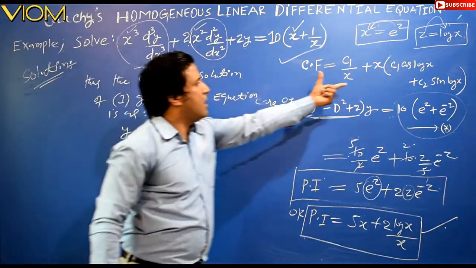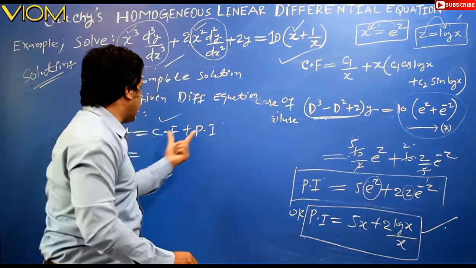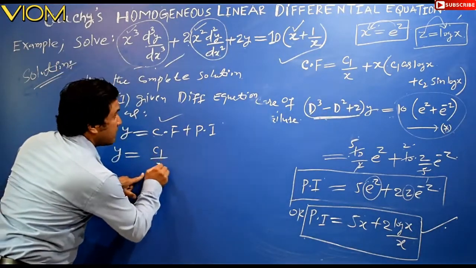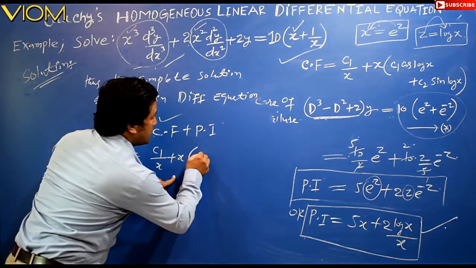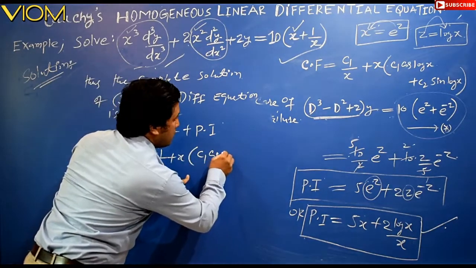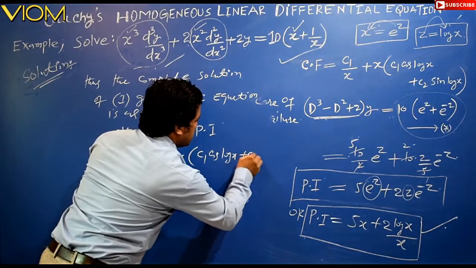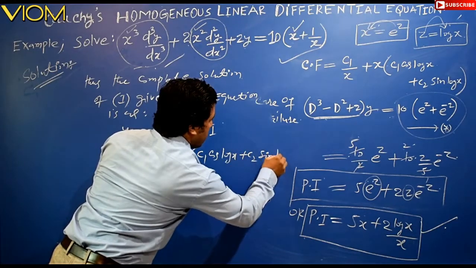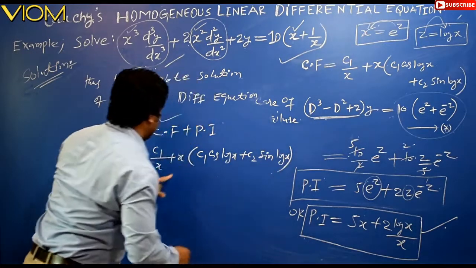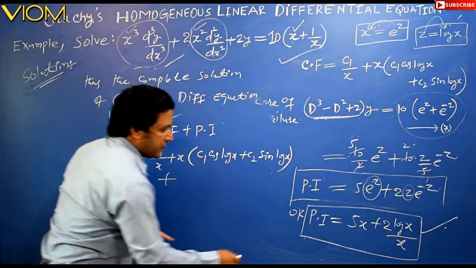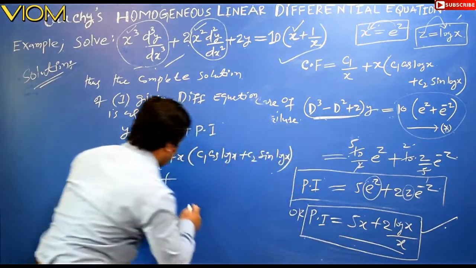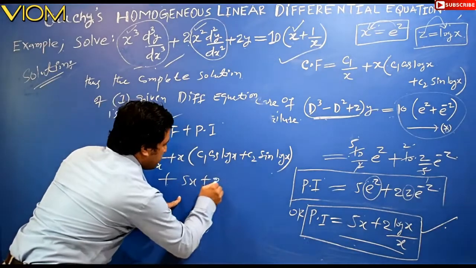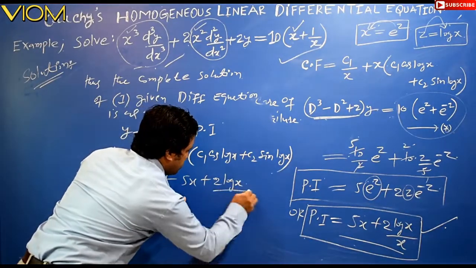I will take this right hand side and paste it here. This is c1 divided by x plus x into c1 cos of log of x plus c2 sine of log of x. This is the complementary function plus particular integral. I will take the particular integral here: 5x plus 2 times log of x divided by x.